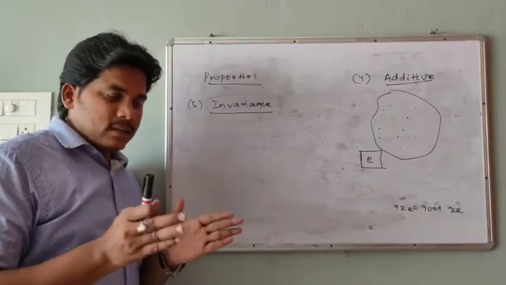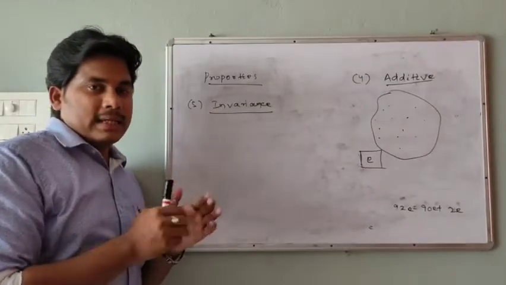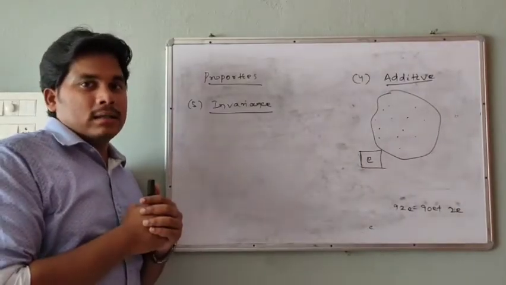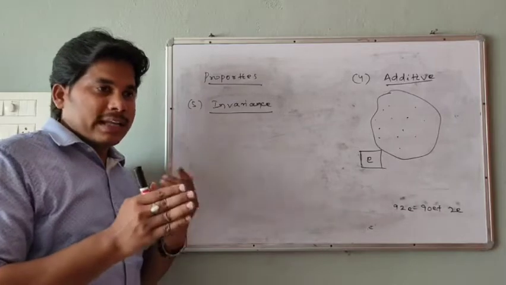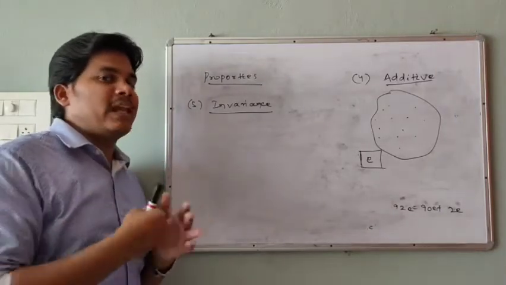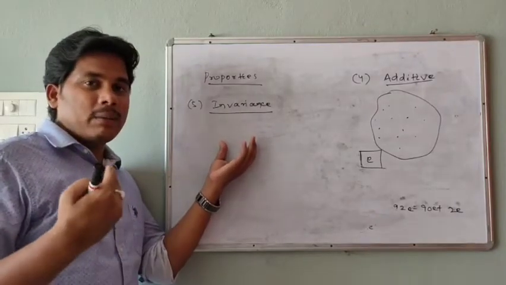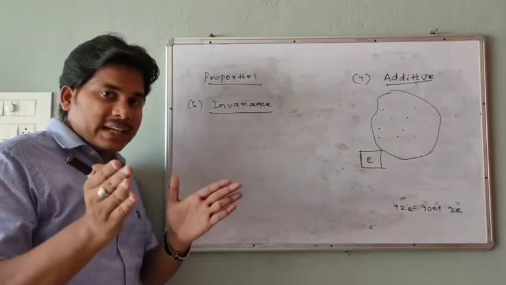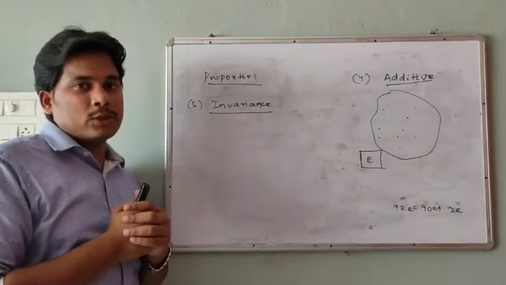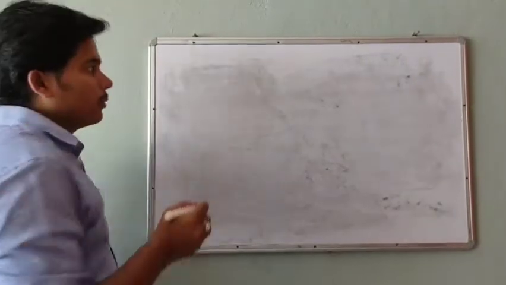If you change the charge from one frame of reference to another, there is no change in the value of the charge. That's why it is invariant. It will not vary when changed from one frame of reference to another. Now we discuss Coulomb's law.